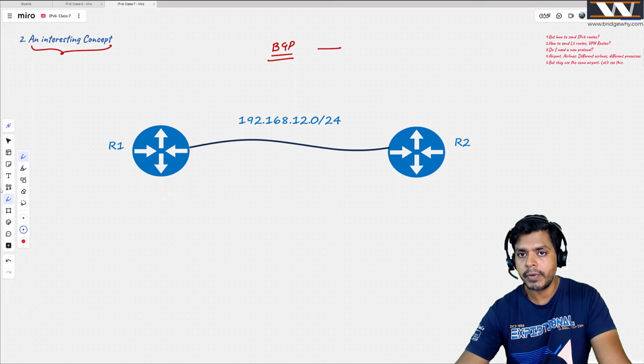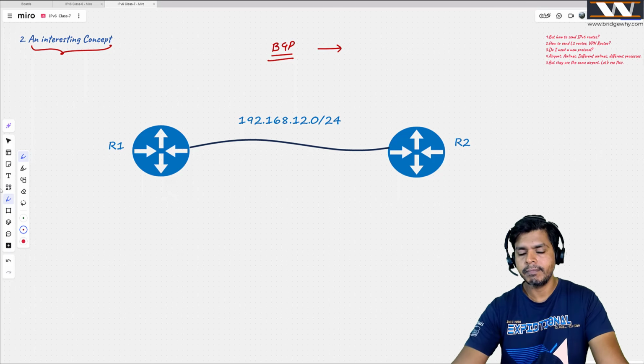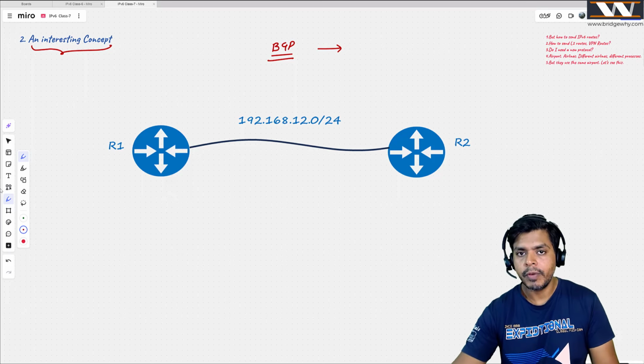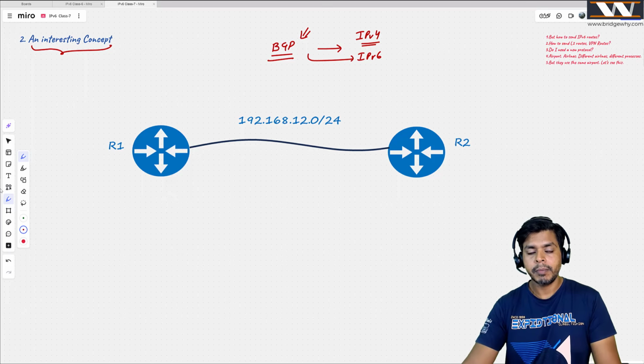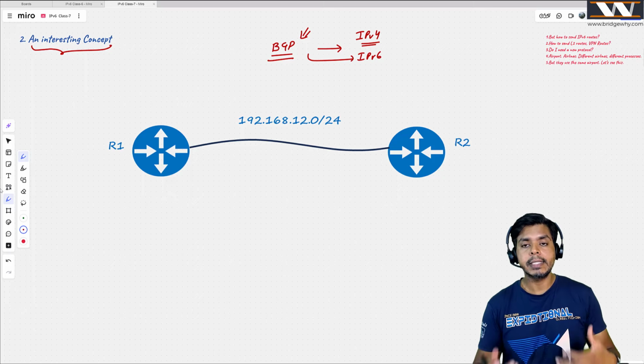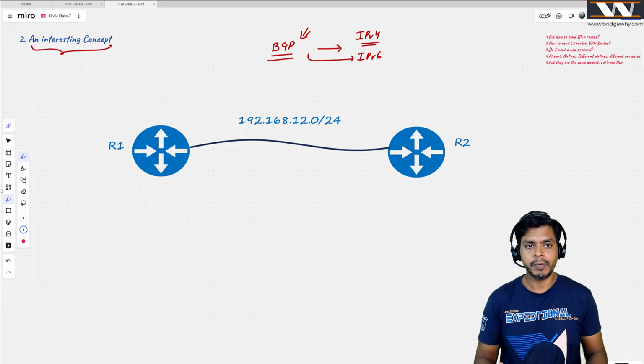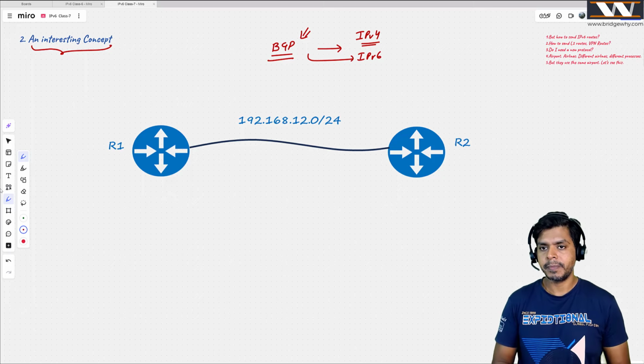We are not developing any new protocol, nothing, right? We will be using our BGP protocol, which was taking my IPv4 routes previously. The same protocol will be taking my IPv6 routes. Believe me, BGP was designed in such a way that it can take routes of different protocols, right?